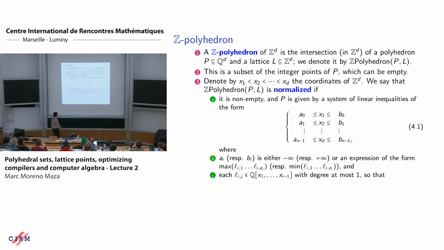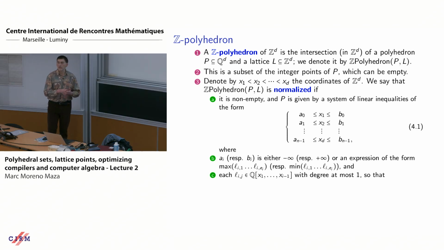So what do I mean by this? Let's say that variables are ordered x1 through xd. Then we expect, of course, that the bounds a0 and b0 are either plus or minus infinity or rational numbers. But then we know, obviously, what are the possible integer points there. For each value of these integer numbers, we can substitute that into the formulas of a1 and b1.